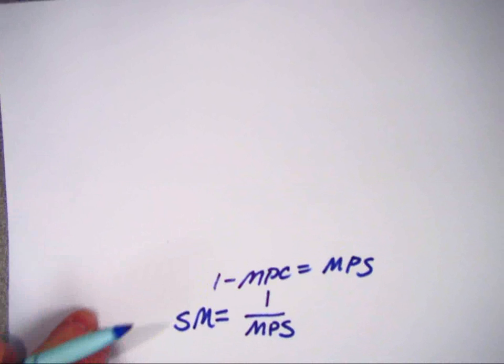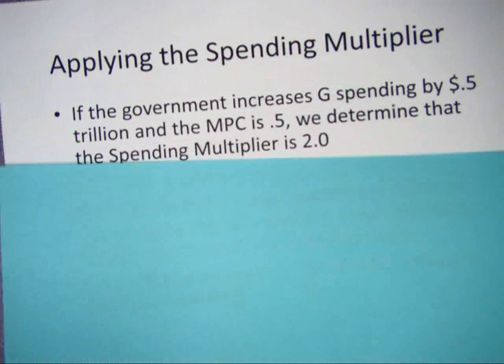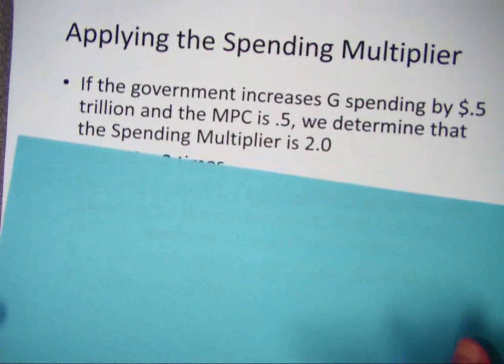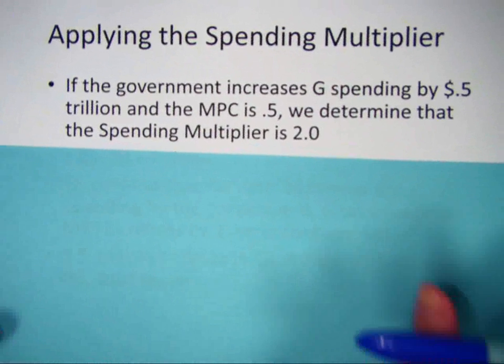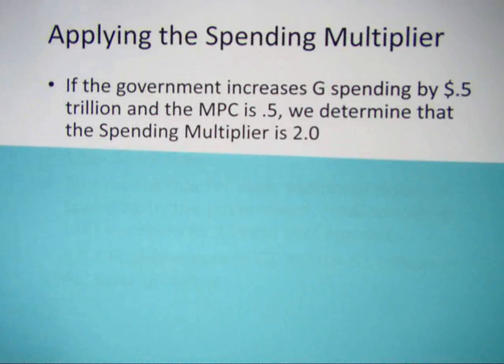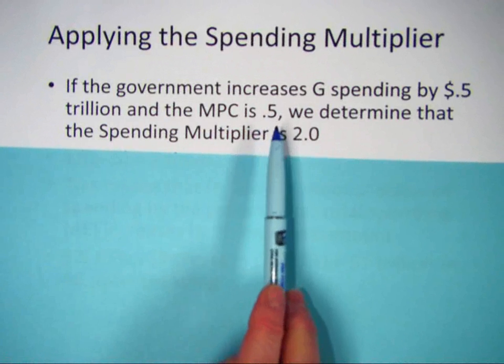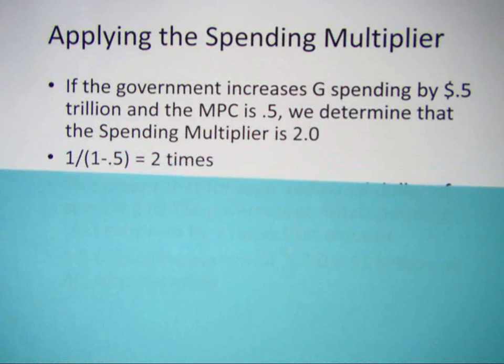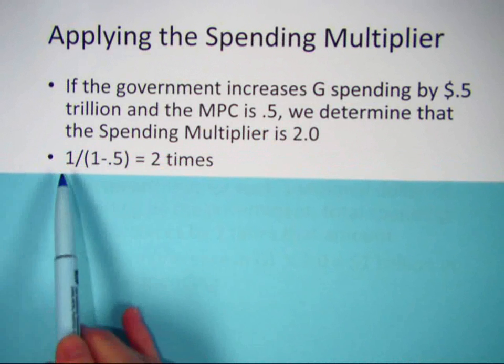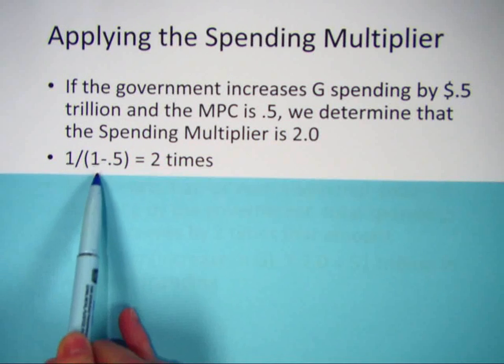Let's go ahead and just apply the spending multiplier a bit so you can see how it works. If the government spending increases by 0.5 trillion and the MPC is 0.5, we determine that the spending multiplier is 2.0. How did we get that? We took 1 and divided it by the MPS.